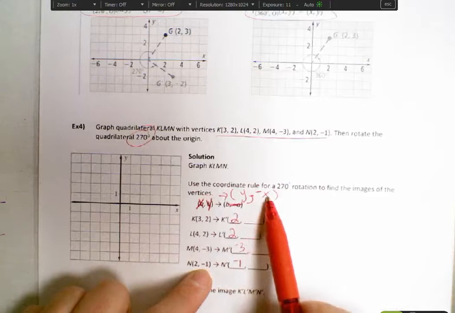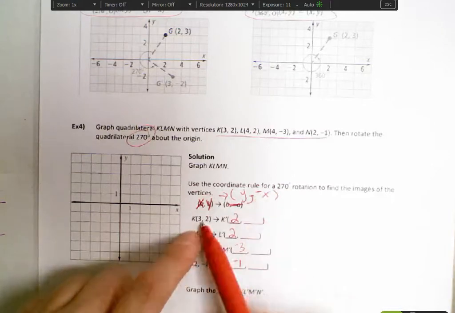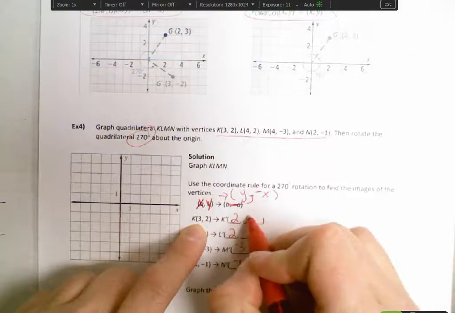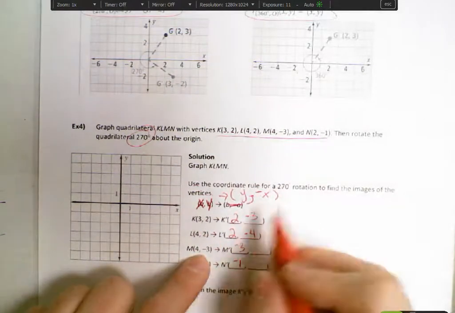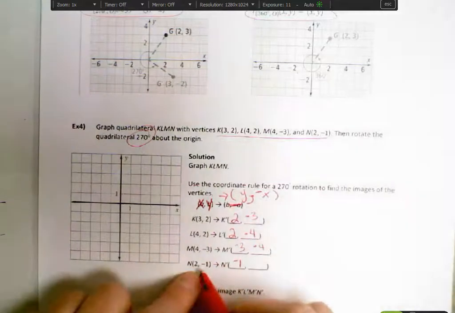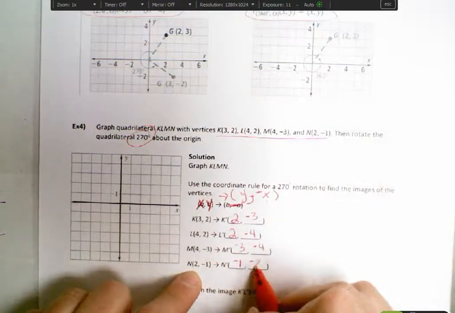This says to take your X, make it in the position of Y, but change the sign. So what the X used to be, 3, I'm going to make it negative 3. Used to be 4, becomes negative 4. 2 used to be 2, so it becomes a negative 2 in the Y position.